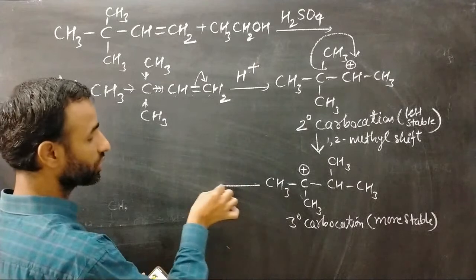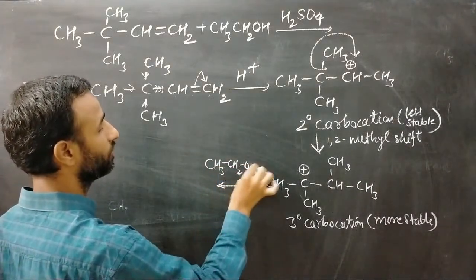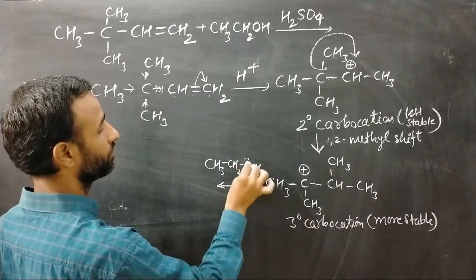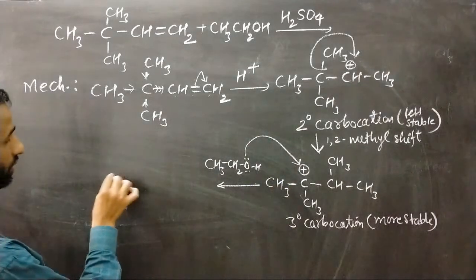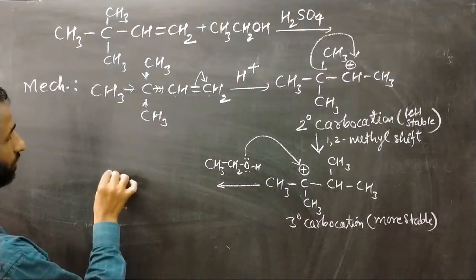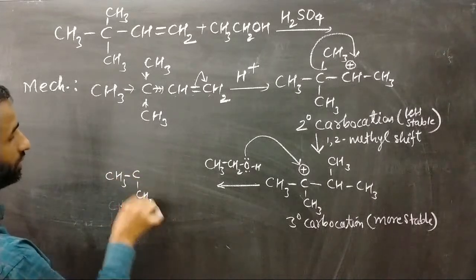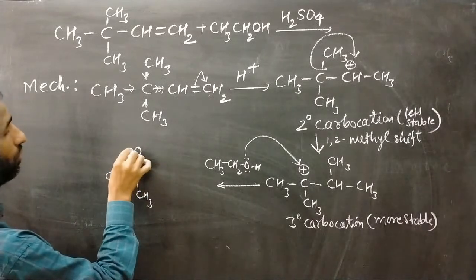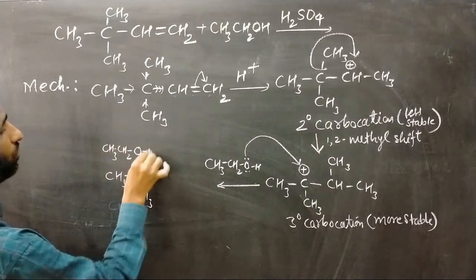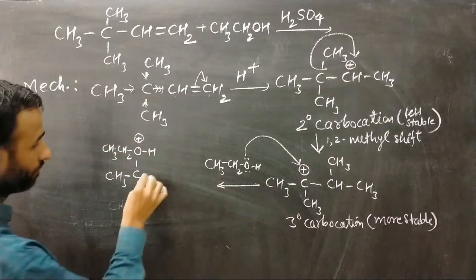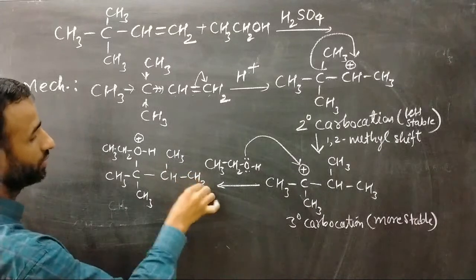So now we get a tertiary carbocation. Now on this tertiary carbocation, alcohol will attack. This alcohol will attack here now, and we get (CH3)2C(O+(H)CH2CH3)-CH(CH3)2.